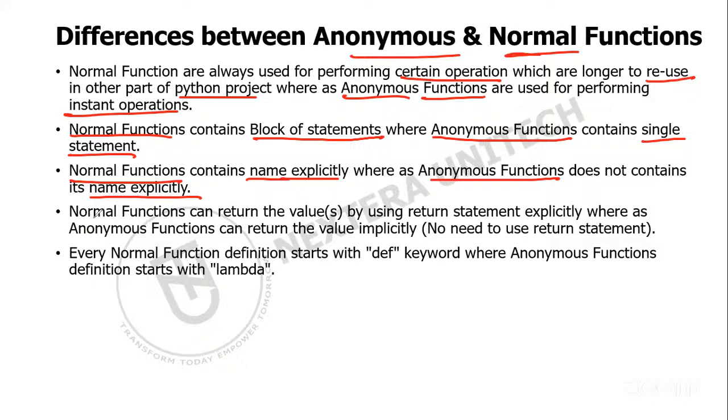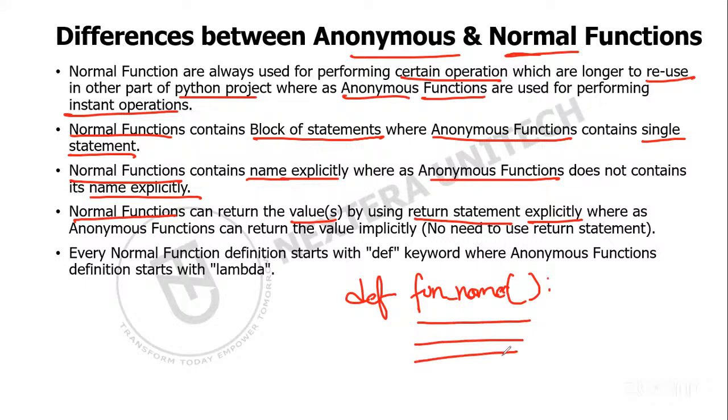Then the fourth difference: normal functions can return the output, the values, by using a return statement. We use a return keyword explicitly within the block of statements, within the function of a normal function. The return keyword will be used to return the values.